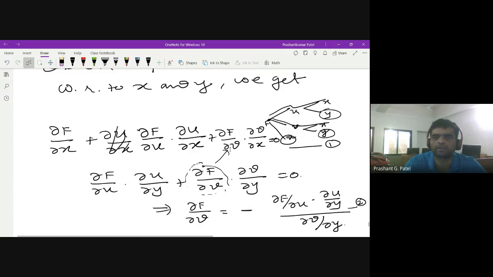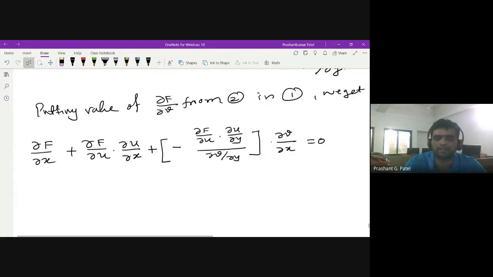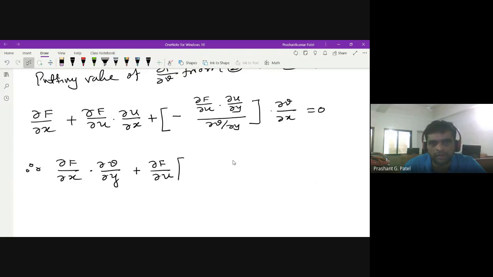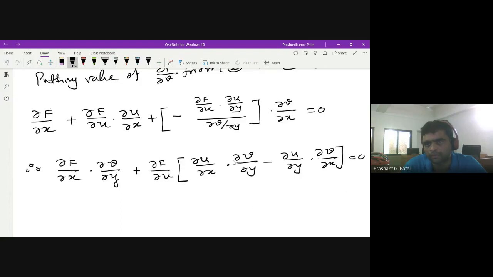If I take the LCM as ∂v/∂y, this gives ∂F/∂x into ∂v/∂y plus ∂F/∂u, which I can take common, times ∂u/∂x into ∂v/∂y, minus ∂u/∂y into ∂v/∂x, equal to 0.